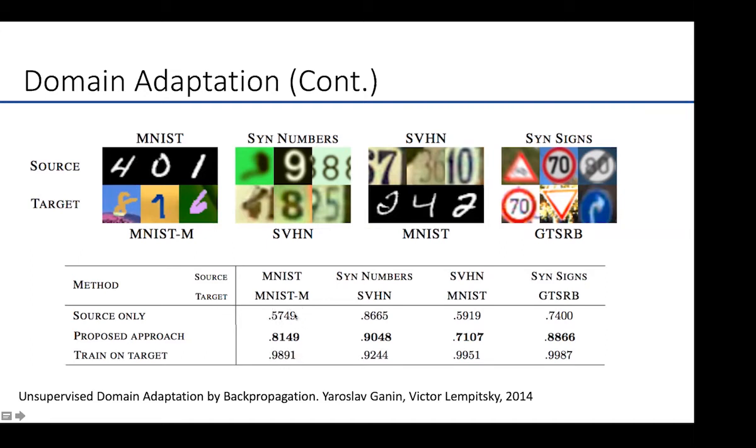So it's like a lower bound and an upper bound. But when the model was trained using the domain adaptation technique, having only source labels for the source domain and the target unlabeled, the accuracy is significantly higher than when it was trained only on the source domain. And there are several data sets. It works with just numbers. Of course, these data sets are very simple, but the idea is very nice. In some cases, the performance is even close to the situation when the model was trained only on the target domain.